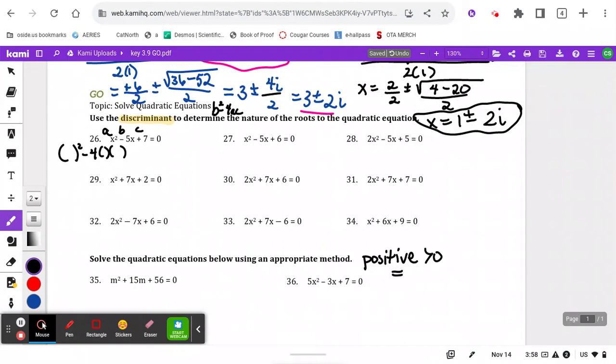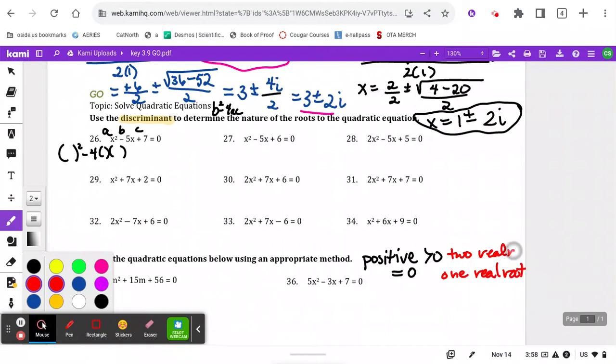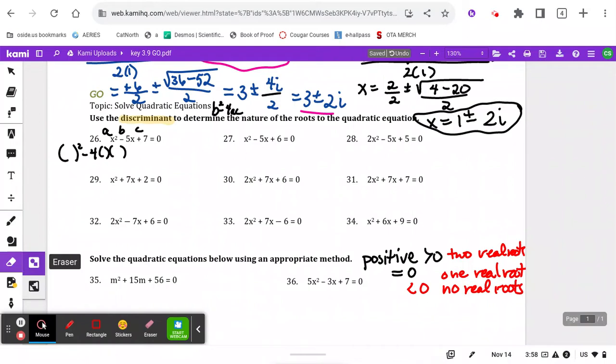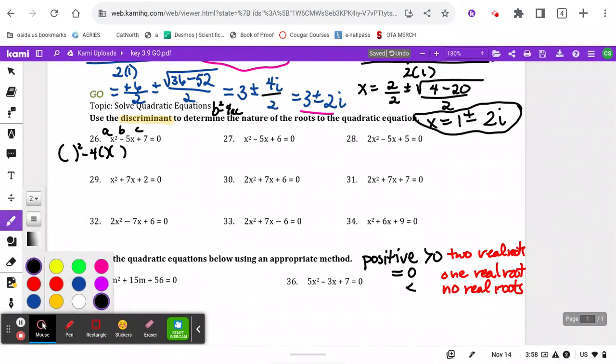If we get a discriminant equal to 0, there's 1 real root. And if you get something less than 0, there's no real roots. There's 2 imaginary roots.